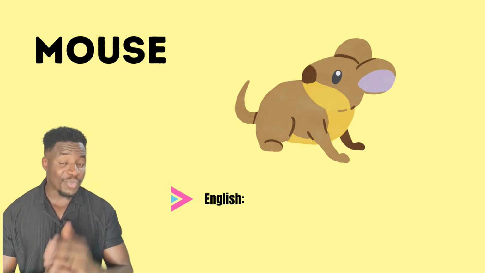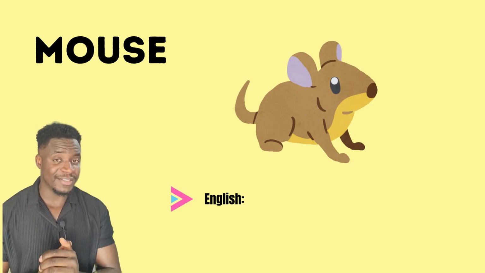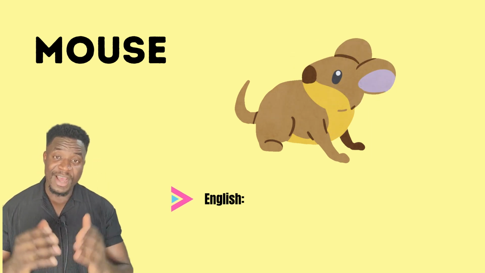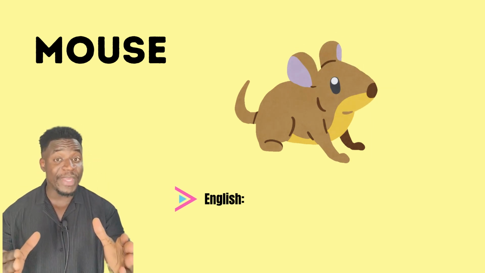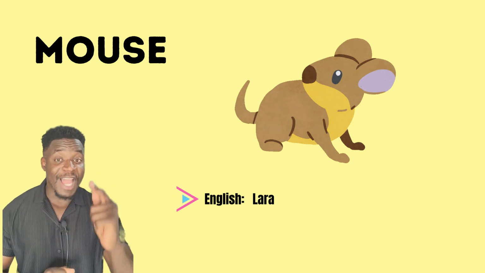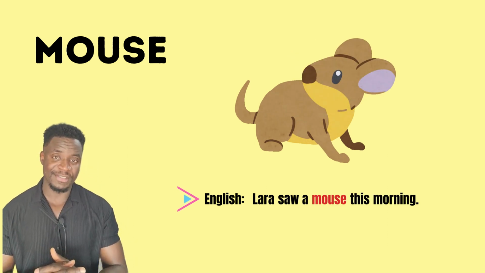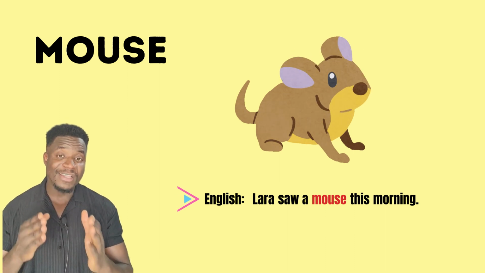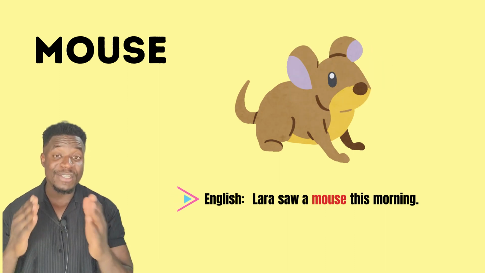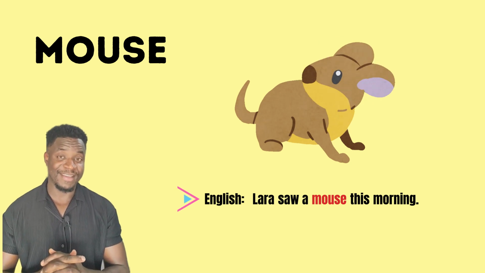Okay? Let's make some example sentences using the word mouse. Now, let's start with the English language. In English, an example sentence could be, Lara saw a mouse this morning. Right?